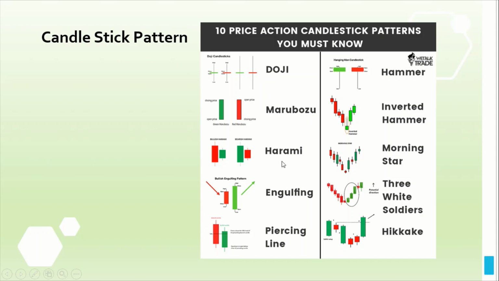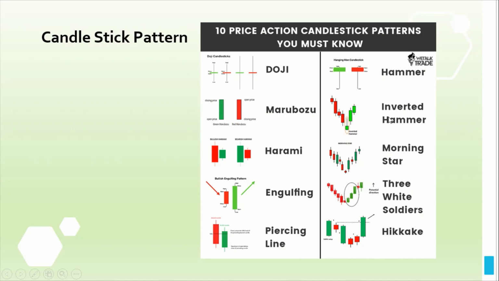And then yung harami, kanina napag-usapan na natin kapag na-overtake nung it's either a bullish or bearish candlestick, na overcome yung, or as in talaga na cover niya yung body nung next candlestick. So we call that as a harami. Then we have engulfing and then piercing line. Napakarami nito.